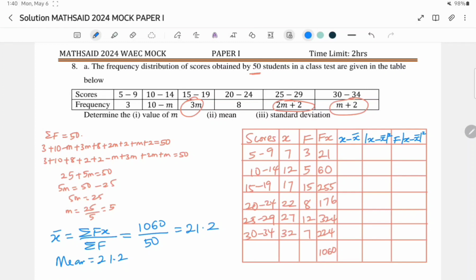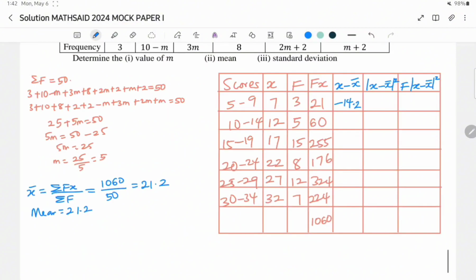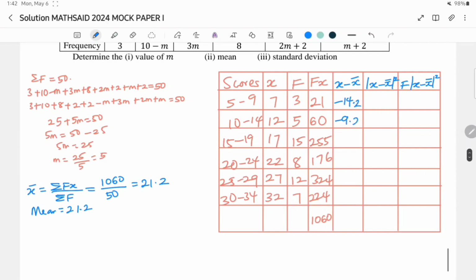So x in the first case is 7. 7 minus 5 is what? It is not 7 minus 5. The mean is 21.2. So 7 minus 21.2 is negative 14.2, right? 12 minus 21.2 is negative 9.2. 17 minus 21.2 is negative 4.2.